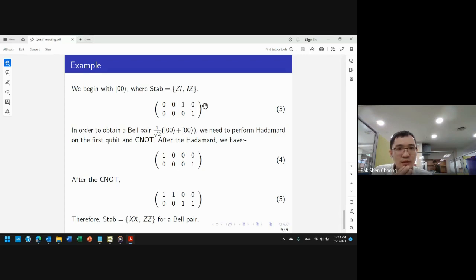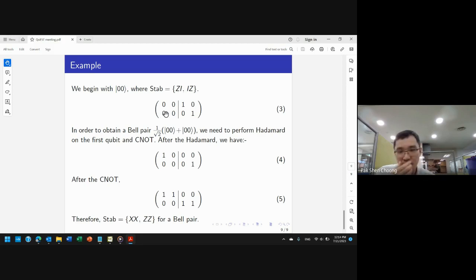You're reading row-wise. So this represents the stabilizer for your first qubit, this is your second qubit. So you have two stabilizers, Zi and then Iz. You don't have any X, so this is 0, 0.